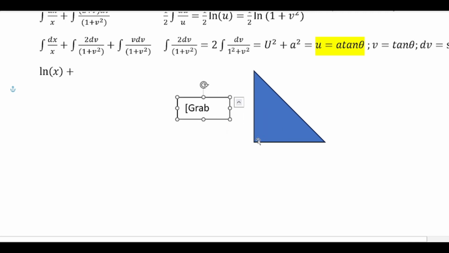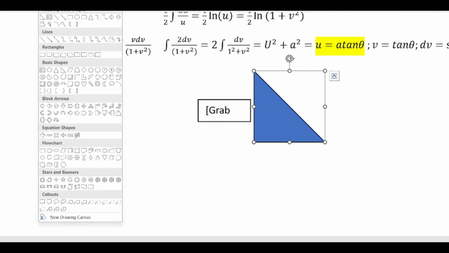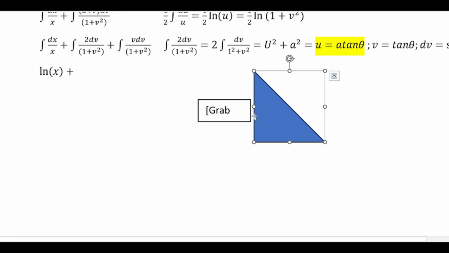If we have our angle over here, this would be our opposite. No, this one is actually like an isosceles, so it cannot work. Let's find another one though. I think there's no right triangle. Let's just work with this one and visualize that this is the opposite side.